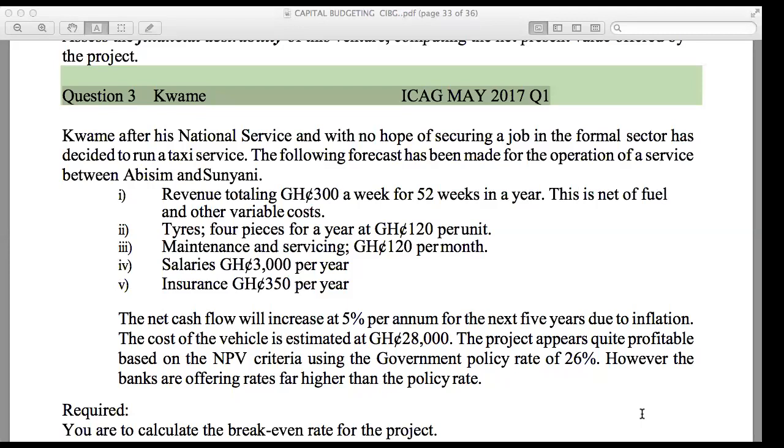So the requirements, I think I read them out. We are calculating: 1, accounting rate of return; 2, payback period; 3, NPV; 4, internal rate of return for each of the projects.